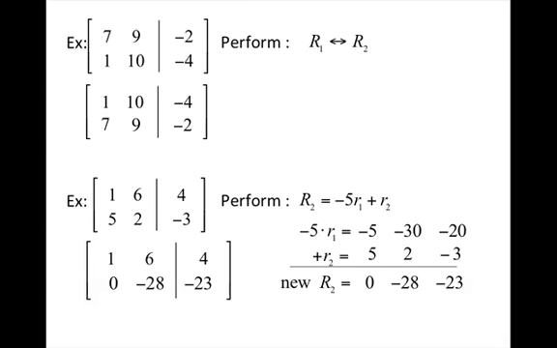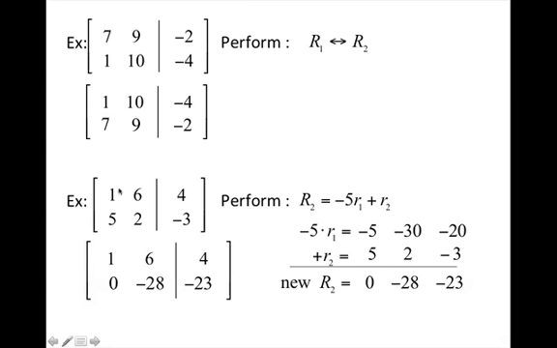If I had a 1x and a 5x, I would want those coefficients to be opposites. Well, we would get the opposites by multiplying the 1x by a -5 and then adding the equations together. That's exactly what I'm doing with this matrix. I'm just leaving out the variables.